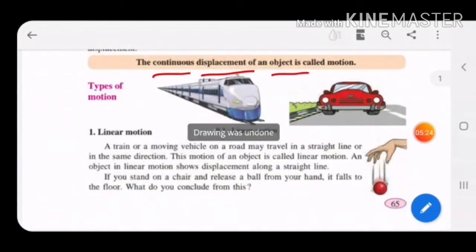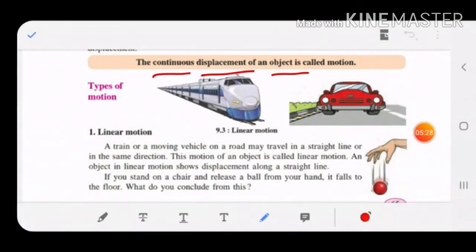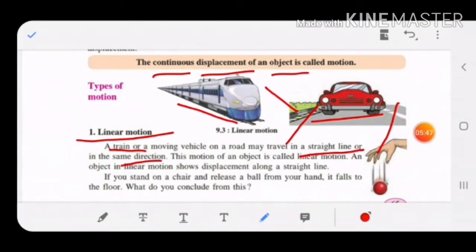The very first motion which we are going to study is linear motion, children. Very important. The first motion, linear motion. A train, the best example they have given you. A train or a moving vehicle. See, this is a car, it is moving in a particular lane, and this train is moving on a track. So a train or a moving vehicle on a road may travel in a straight line or in the same direction.